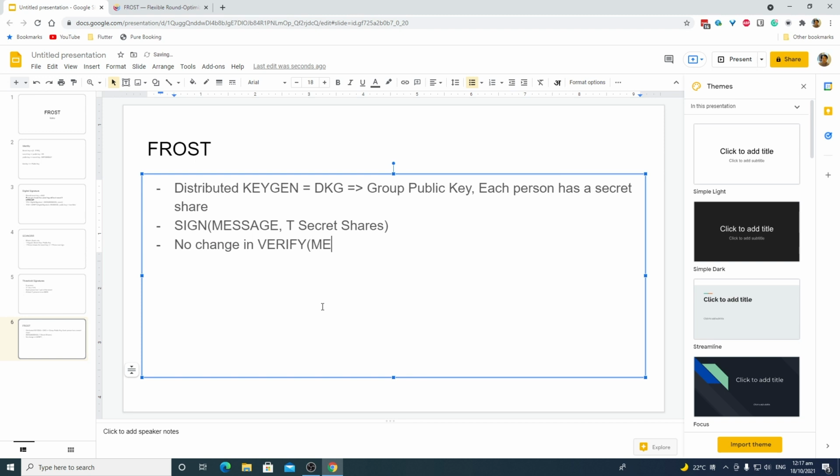So that part should be done first, obviously. And the verification is the same as before, so it's going to be a verification on the message, on the digital signature, and this time on the group public key. So at a very high level, this is what Frost is going to give us.